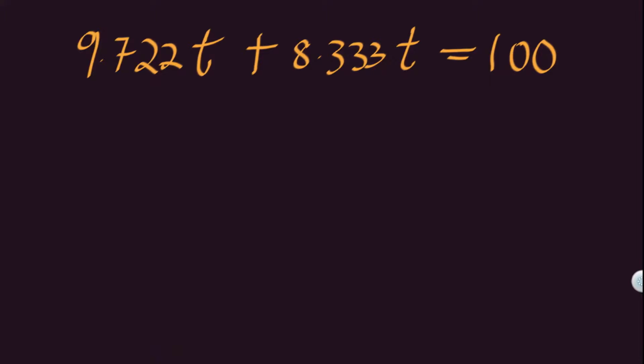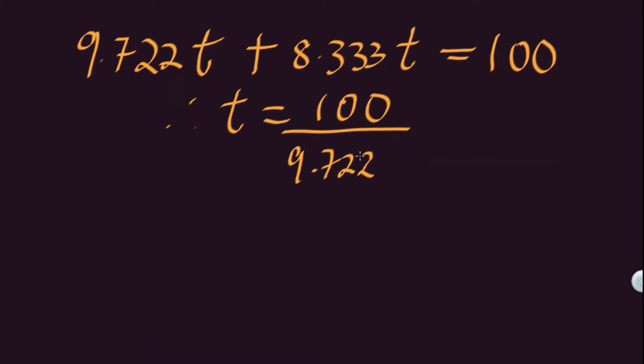So from here it means therefore t is equals to 100 divided by 9.722 plus 8.333. I'm just putting this all at once so that we calculate our time. The time will be in seconds because 8.33 and 9.722 are actually in meters per second.